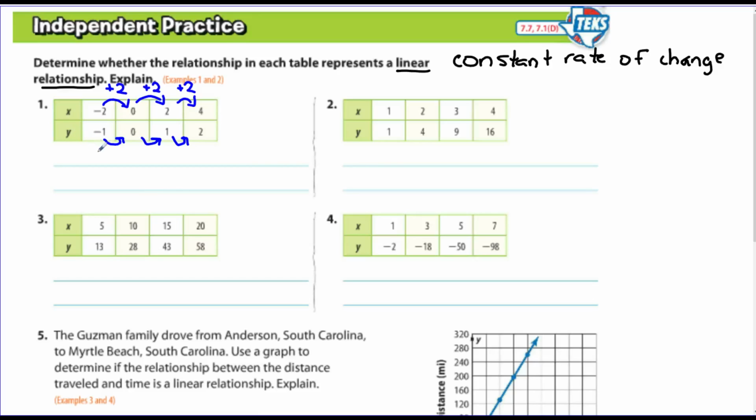So from -1 to 0 is increasing by 1. From 0 to 1, increasing by 1. And from 1 to 2, also increasing by 1.